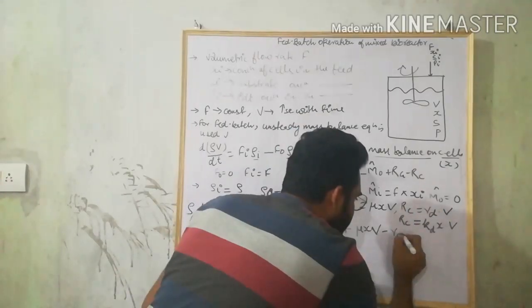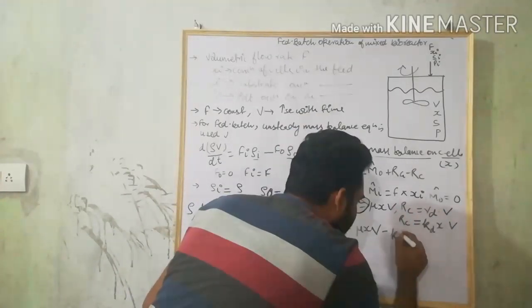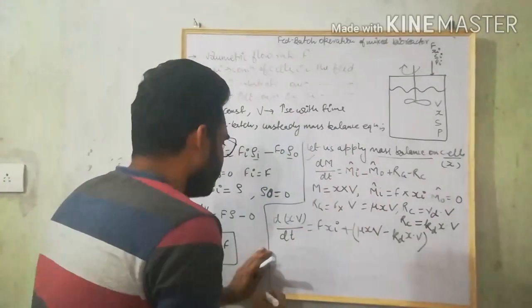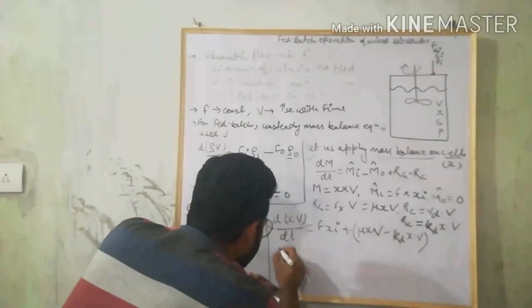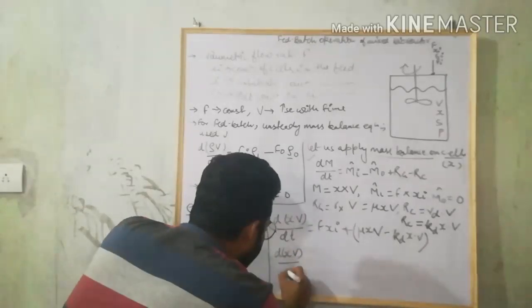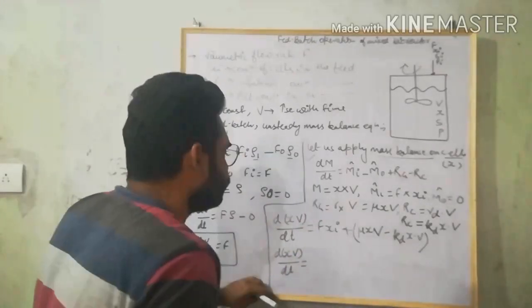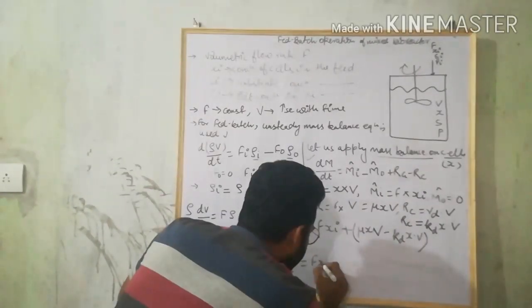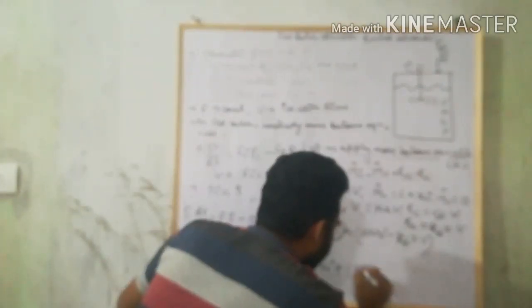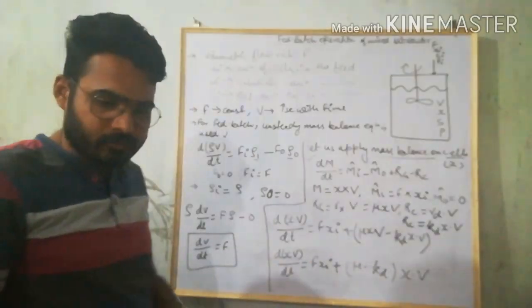This is kd x V. This we are having, right? So d(xV) upon dt equals F Xi plus, we can take xV as common, so we have mu minus kd out of the bracket, xV, right? This is what we are having.